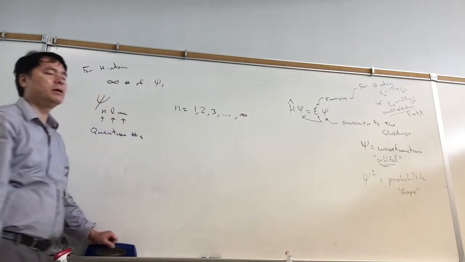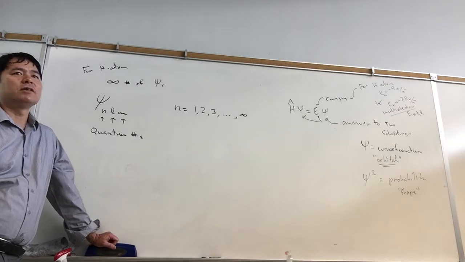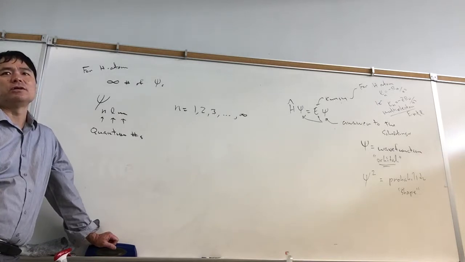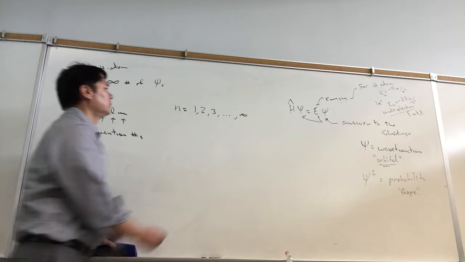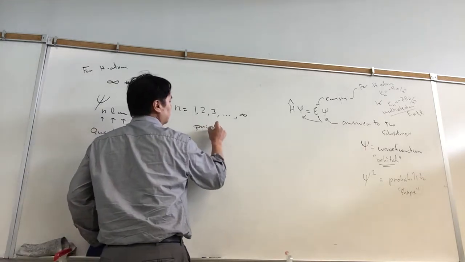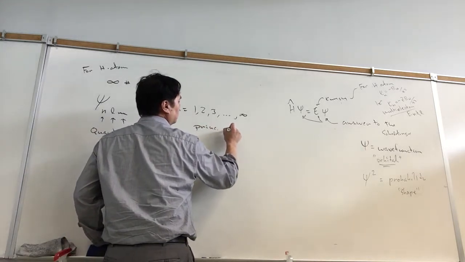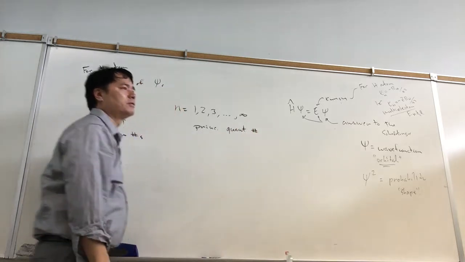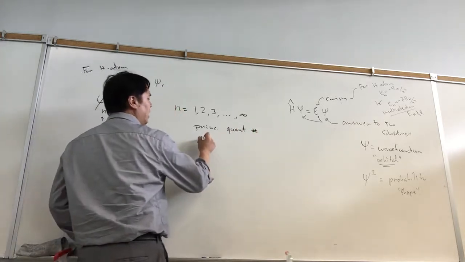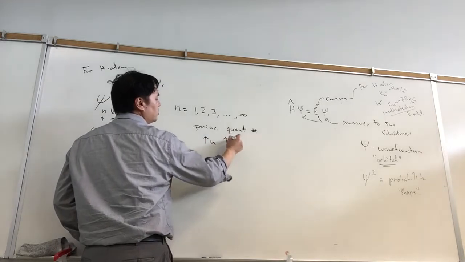Because if you try to plug in an n value that isn't one of these, it doesn't solve the Schrodinger equation. All other values fail. This is called the principal quantum number. The principal quantum number gives us an idea of the energy. That is, the higher the n, the greater the energy.